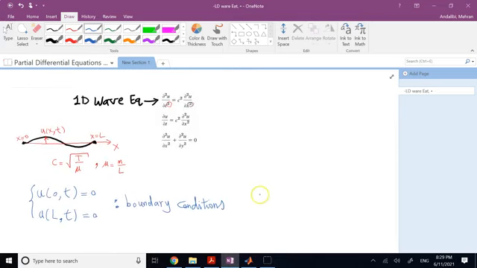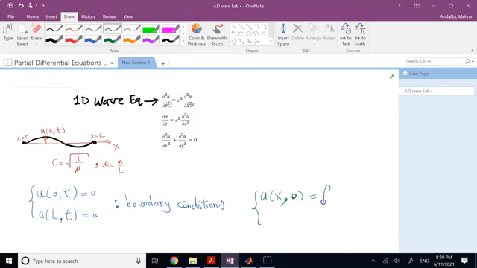And the initial conditions come from the initial position of the whole string. I'm sorry, I just don't know why I'm calling it string over and over. This is like u of x at time 0. What's the initial position that you give to the overall string at time 0?